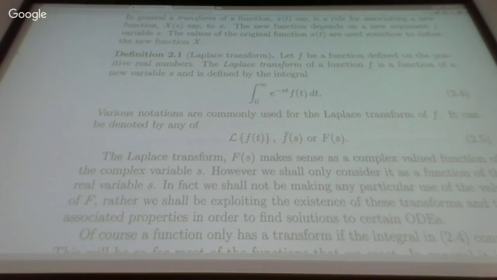It's a weighted sum of all the values of f, weighted by this factor e to the minus st. And what we're going to be studying in this chapter is this transform, working out what it is on various well-known standard functions f, and also investigating its properties. Looking at what properties the transform has, and how these properties combine together to allow you to solve the differential equation that you apply it to.